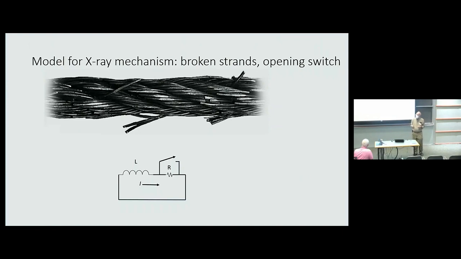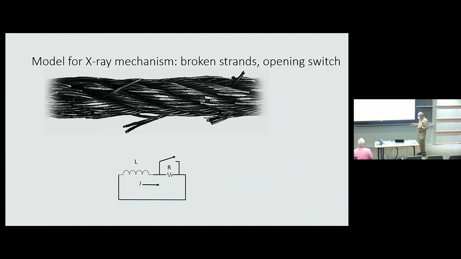And what's happening is that strands are breaking from time to time, just like in our experiment. And when that breaks, at least if I choke this thing down, I claim that that is equivalent to splicing a resistor into the electrical circuit.